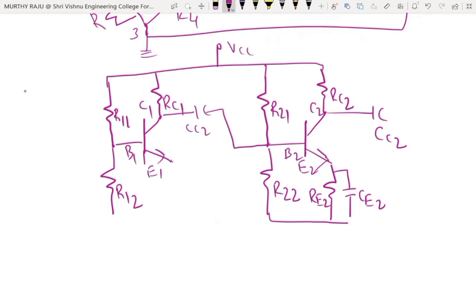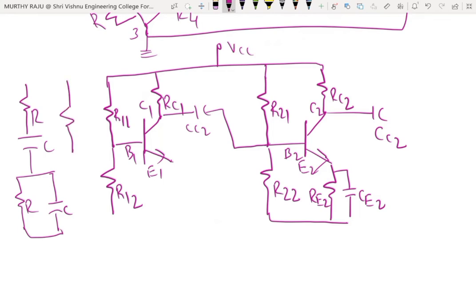Here we use a bridge network. The bridge network consists of R in series with C, and R in parallel with C. This one is resistor R3, this one is resistor R4 connected to ground.